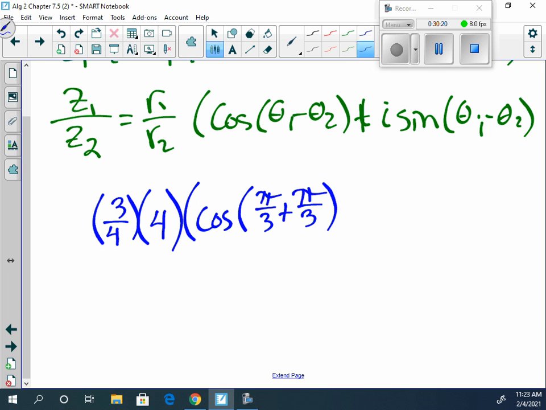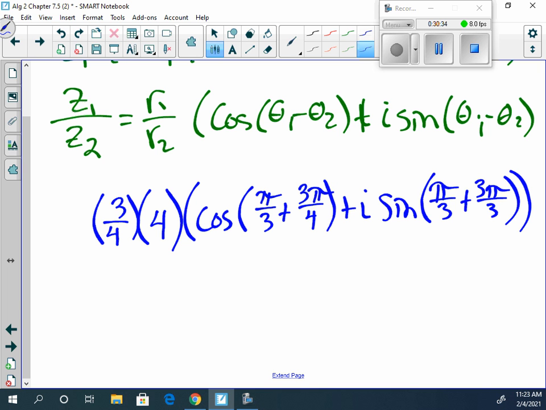Wait, no, it should be 3 pi over 4. We'll consider the first equation's two angles that are both pi over 3 as still part of the first, because those angles are the same. The r1. Well, 3/4 times 4 is, because the 4 and 4 would cancel.